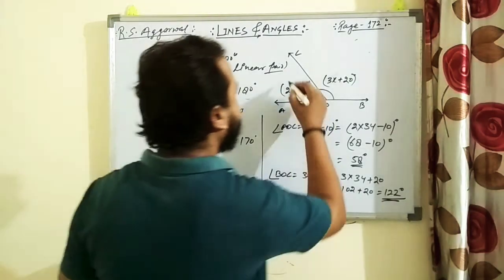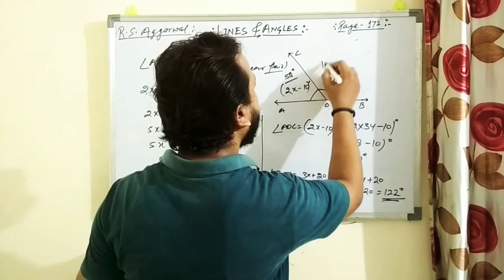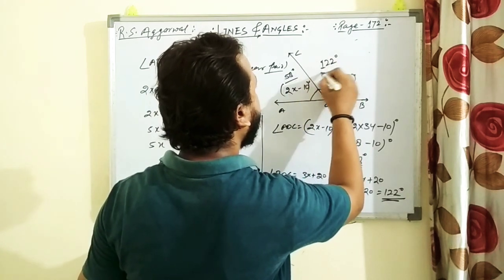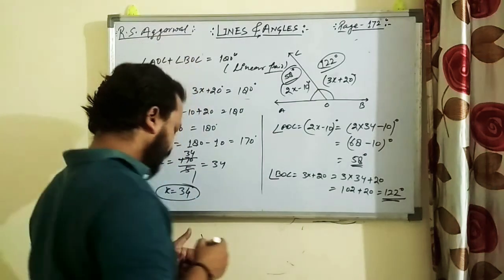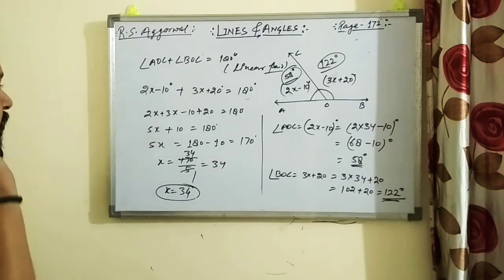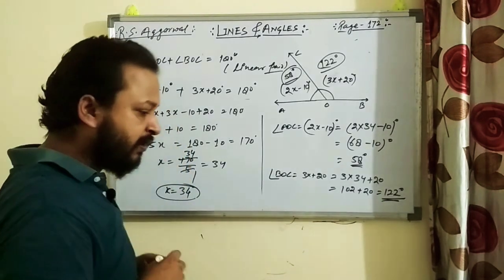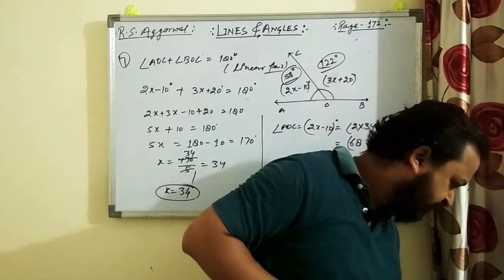So this angle is 58 degree and this angle is 122 degree, right? So by this way you can solve it, right? This was question number 7. Come to next question.